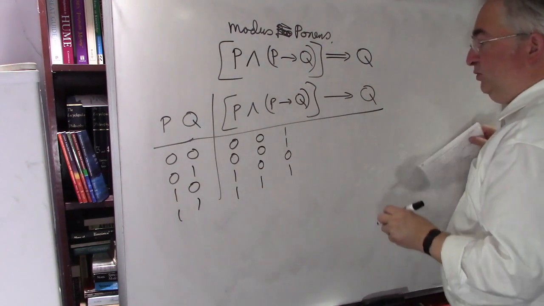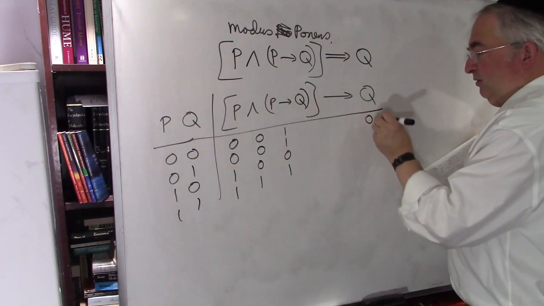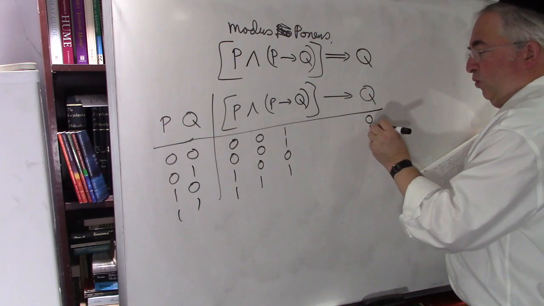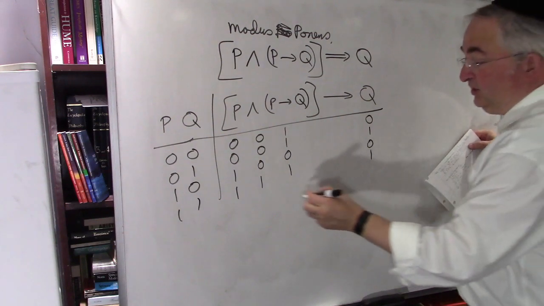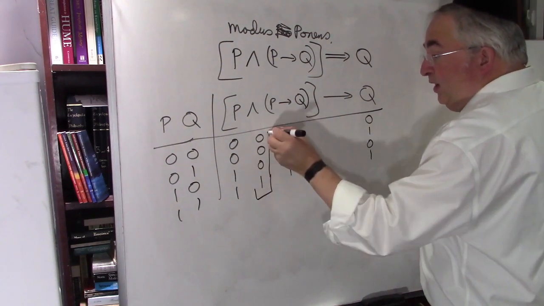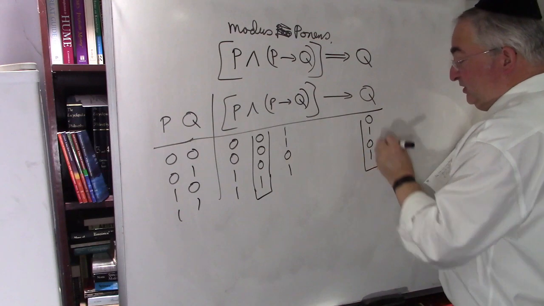Great. Now let's do Q. Q is very simple: 0, 1, 0, 1.